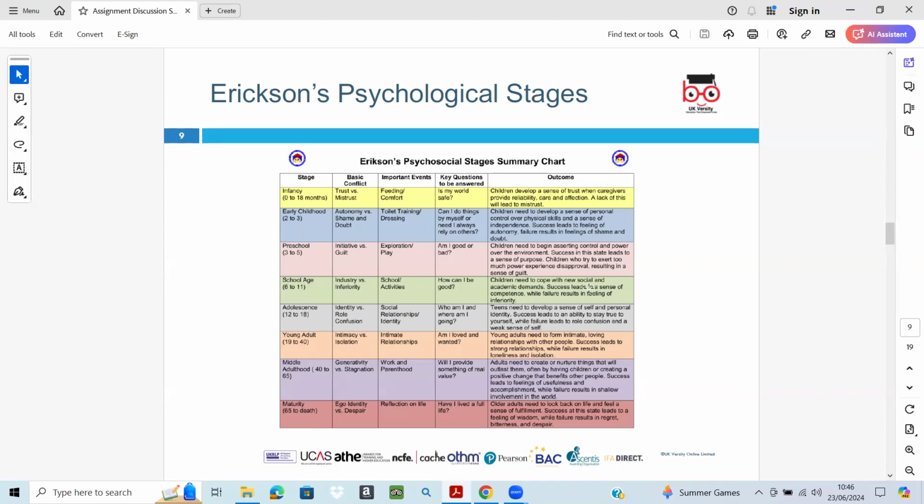Then in the next stage, we have identity versus role confusion. Okay, and it is from age 12 to 18. In this stage, they navigate the search for personal identity, exploring their values, beliefs, and goals, and successfully establishing a clear sense of self leads to identity formation.